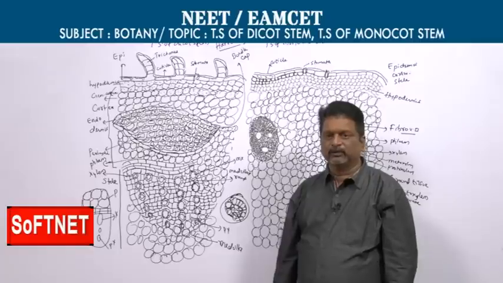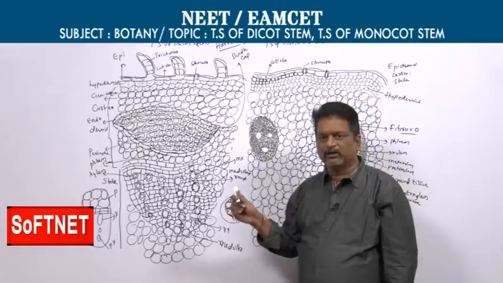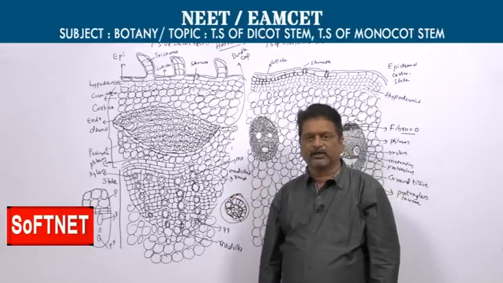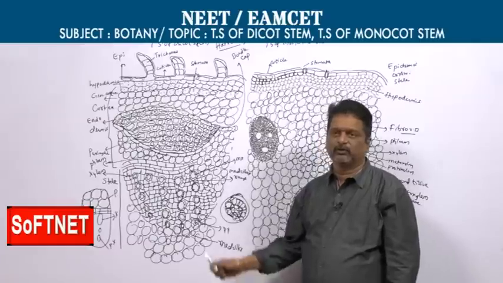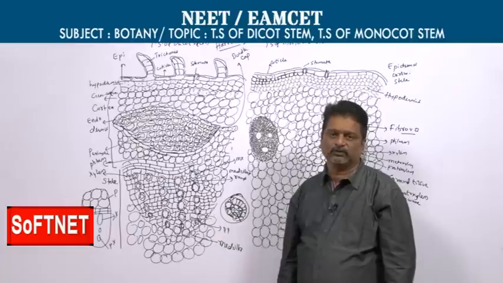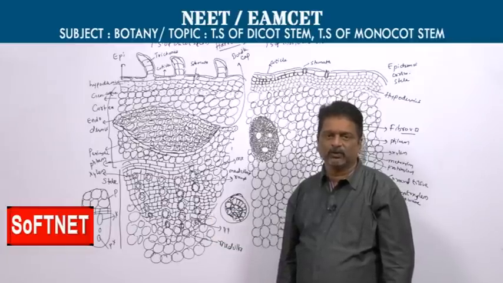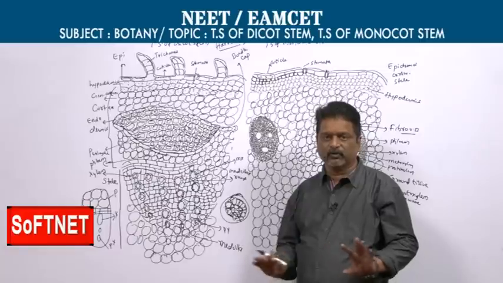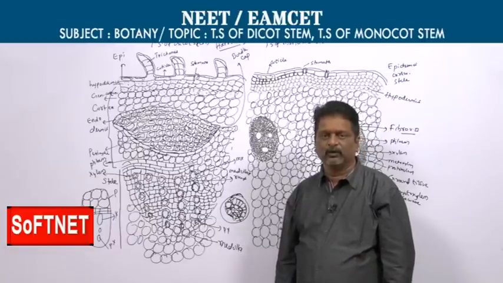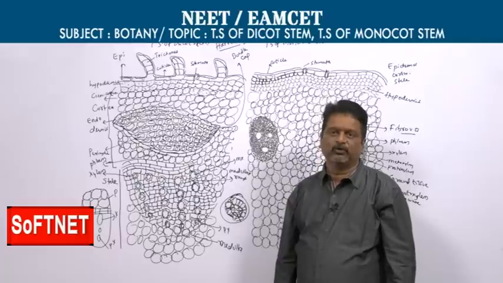And the point: radial vascular bundles in roots, collateral vascular bundles in stems and leaves. Radial and exarch in roots, collateral and endarch in stems. Open vascular bundles in dicot stem; closed vascular bundles in roots, then monocot stem and both leaves.